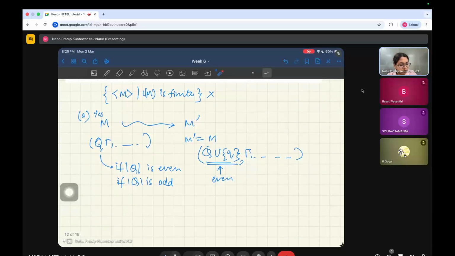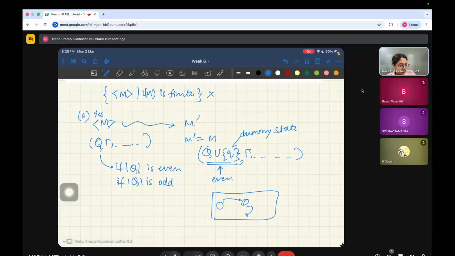You go through the description of M and check whether the number of states in that machine is even. If it is even, then M prime will be the same as M. If the number of states is odd, then you modify M prime so that there is one dummy state. So this was your original machine.